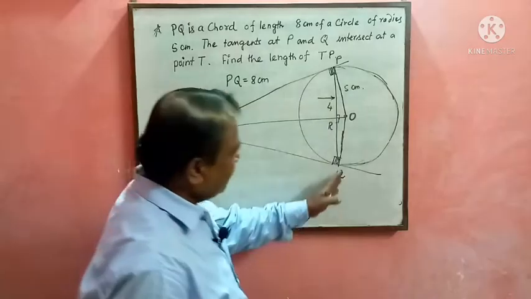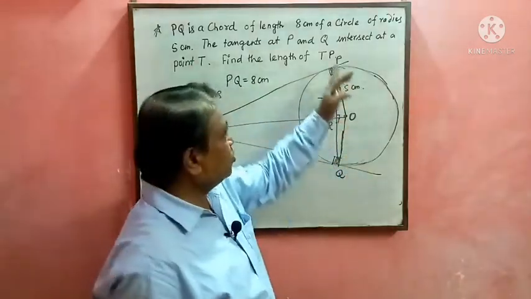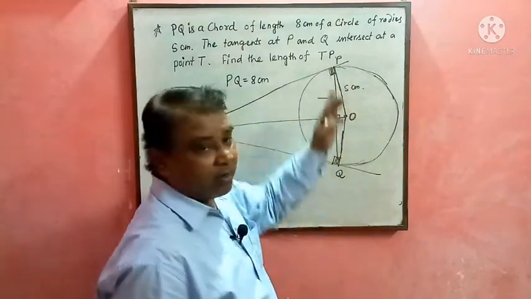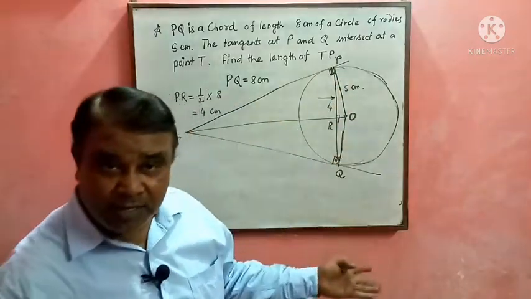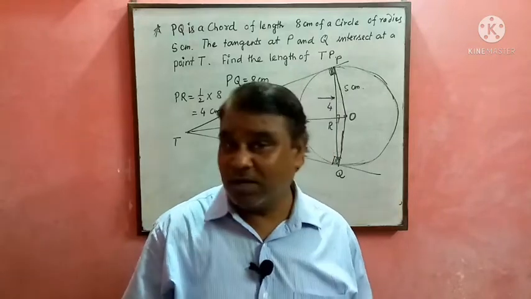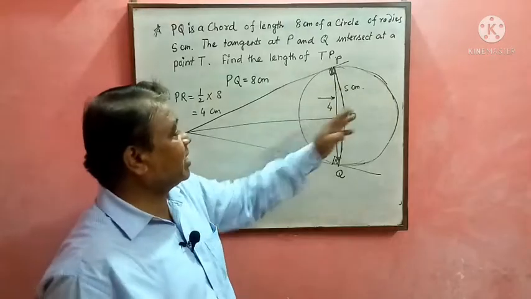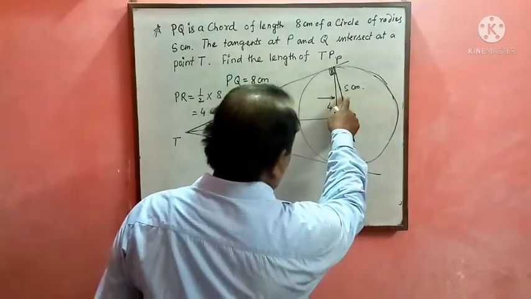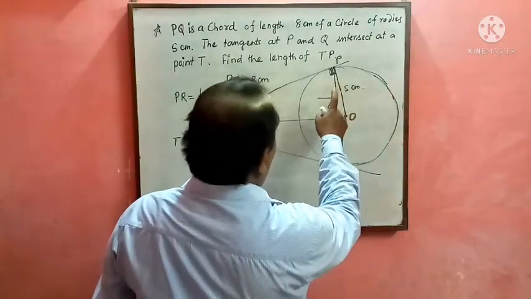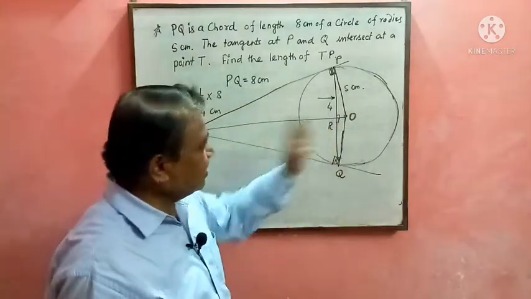We know this is bisected perpendicularly by the OP. So this is a right angle triangle. To find length we know we use Pythagoras Theorem in right angle triangle. Here also we have a right angle triangle where hypotenuse is given 5, perpendicular is 4, the base we know by Pythagorean triplets is 3.